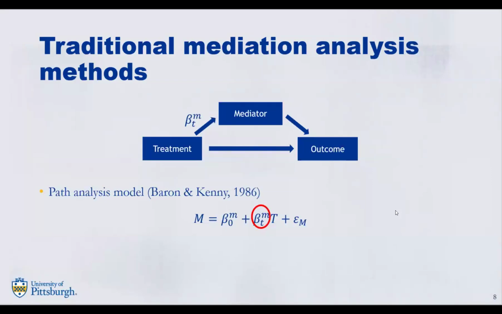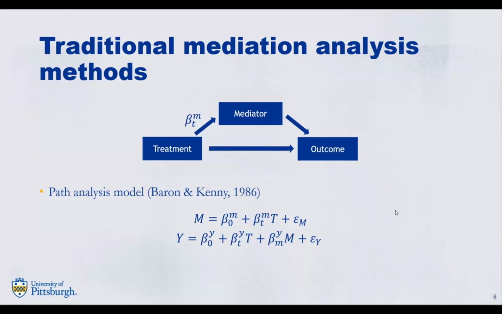Especially in our moderated mediation analysis, when there are more parameters, if you use ABC, it's hard to tell which coefficient is for which mediator or moderator. So we use different notations from the literature. And the path analysis model also includes an outcome model, which regresses the outcome on the treatment and the mediator.